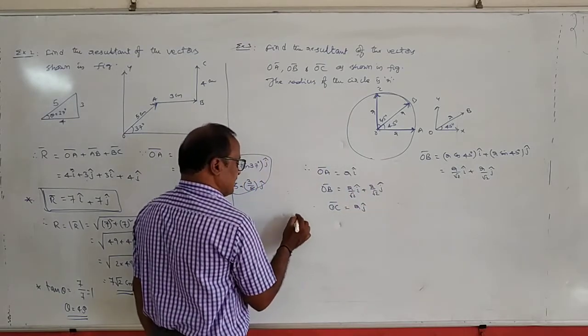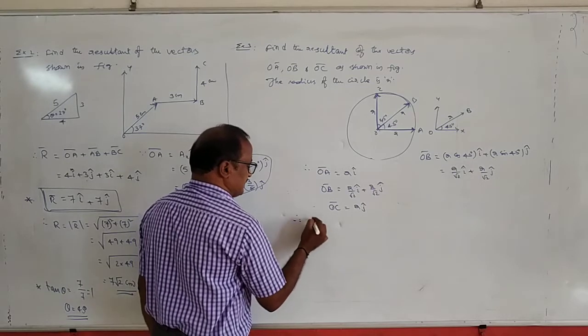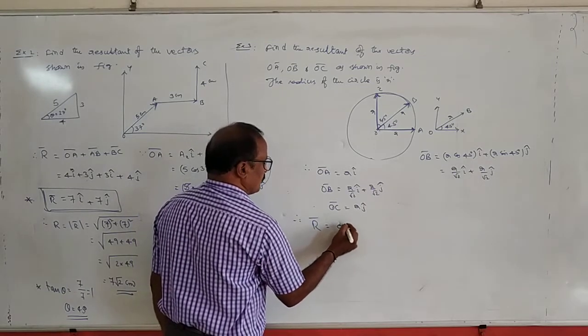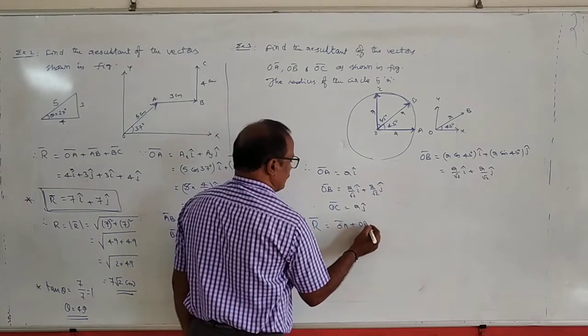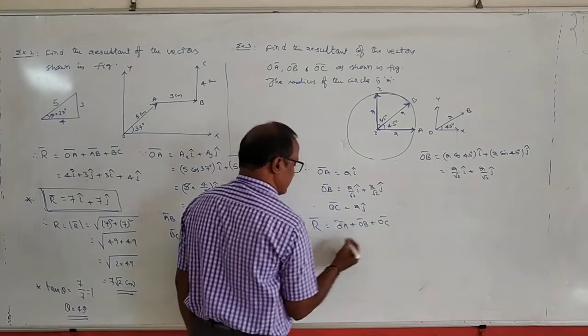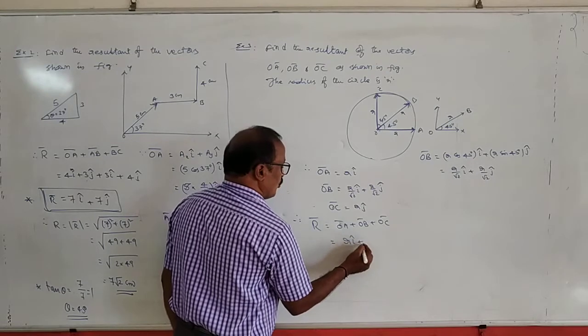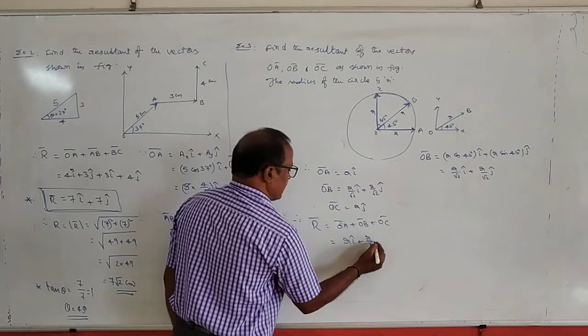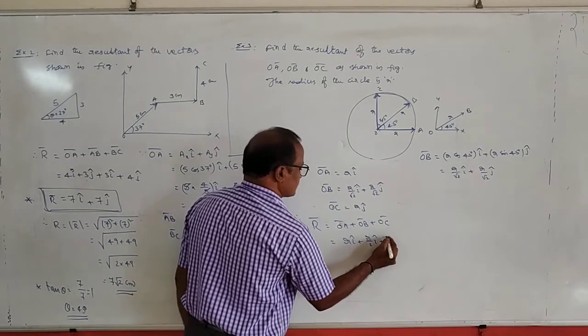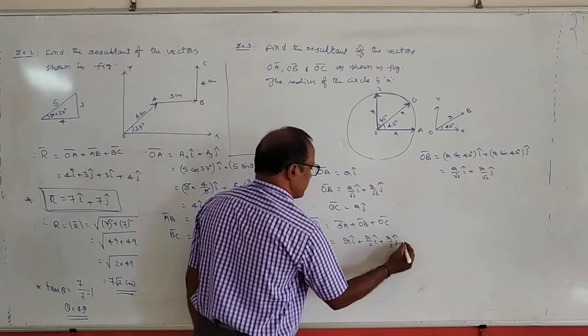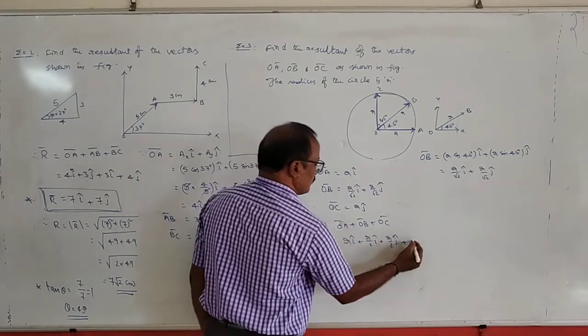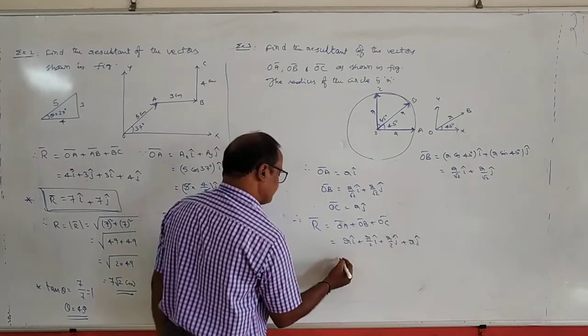Now the resultant of these three vectors can be represented by r bar is equal to OA bar plus OB bar plus OC bar. OA bar is equal to r i cap, OB bar is equal to r by root 2 i cap plus r by root 2 j cap, plus OC bar is equal to r j cap.